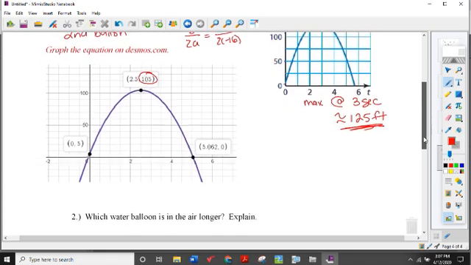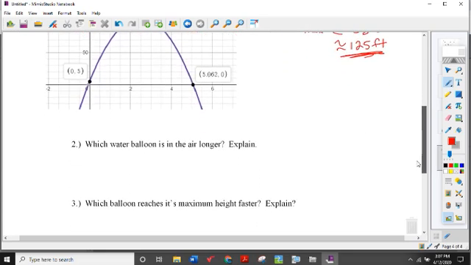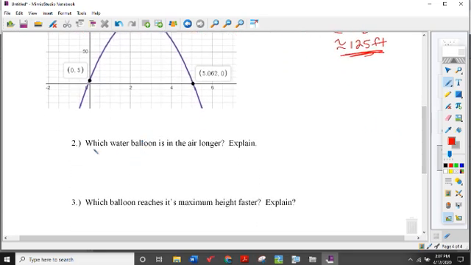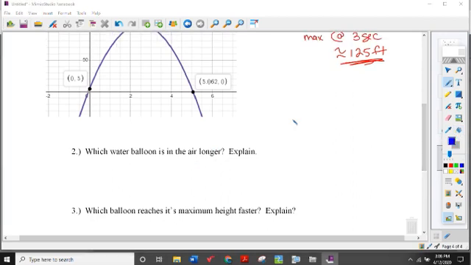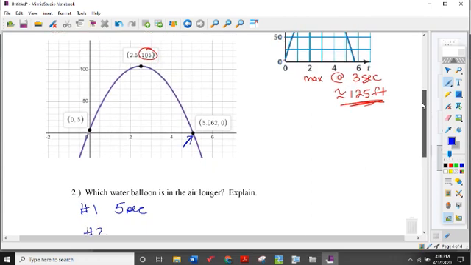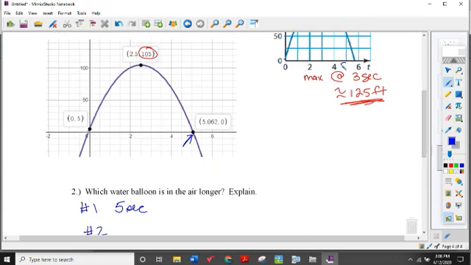Now I'm going to go on to another question that's not in your notes, I don't think. I can't remember if I put that in there or not. Which water balloon is in the air longer? So that means how long does it take before it hits the ground? Water balloon number 1 hits the ground at about 5 seconds. Water balloon number 2, coming back up to our graph, this is 5, this is 6.